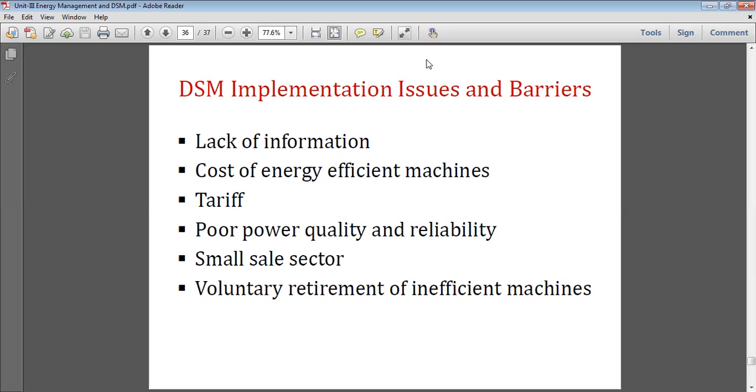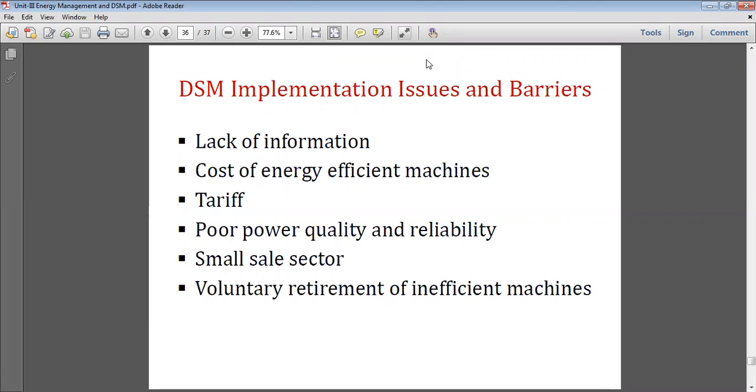For example, the BPL tariff, where the energy rate is hardly 2 rupees 50 paise or 3 rupees. Such consumers do not think about energy conservation or saving electricity. People are using electrical energy lavishly, and therefore such a tariff becomes an issue, a barrier in demand side implementation.